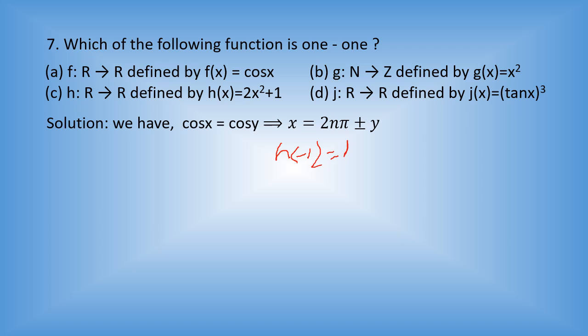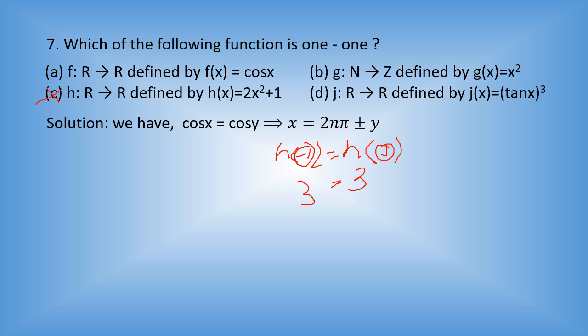For example, h of minus 1 is equal to h of 1. What is h of minus 1? h of minus 1 is minus 1 whole square into 2, 2 plus 1 is 3, and h of plus 1 is also 3. Images are the same but elements are not the same. Minus 1 is not equal to plus 1. Therefore, this is also not a 1-1 function.